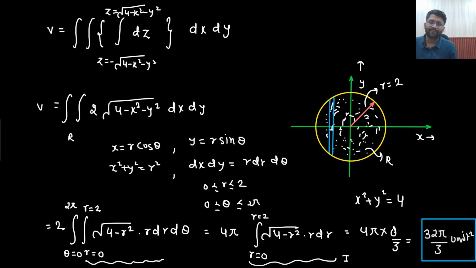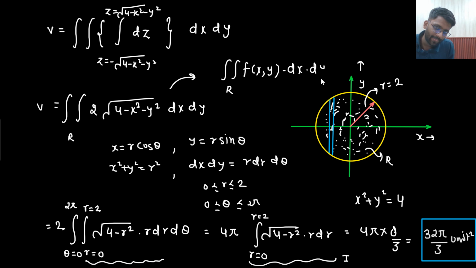Also, you would know one thing here. You see this particular scenario. Over the region R, f of x comma y, it is a function of x comma y, no? Dot dx dy. What is this particular factor representing? Double integration, is it representing the surface area? Absolutely not.